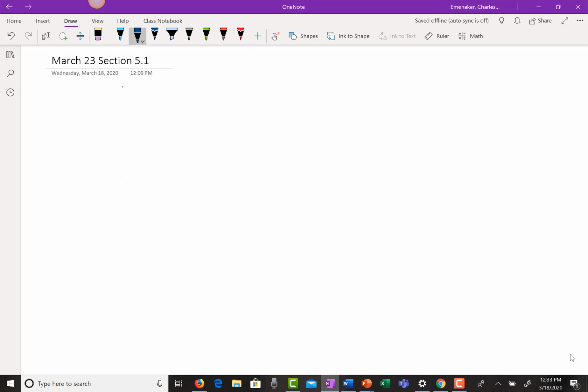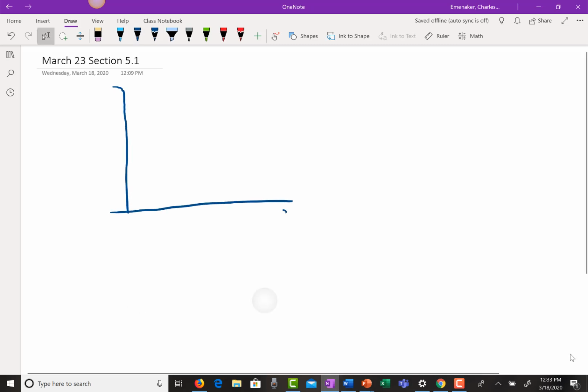We were talking about the idea of having a situation where you have a graph with some quantity and some price, and you're going to be given two functions.